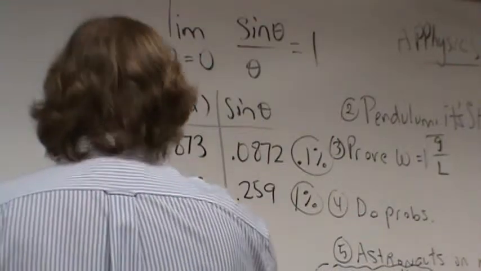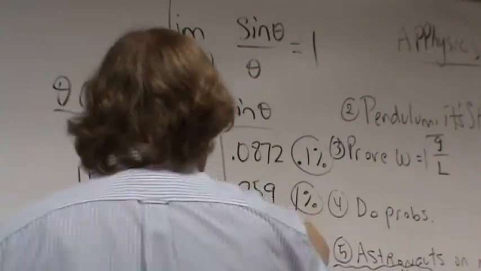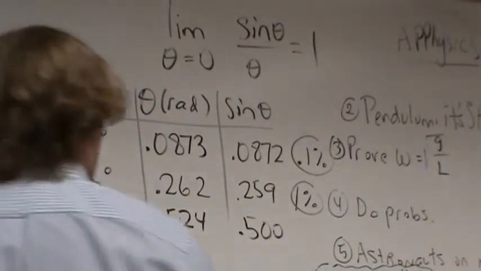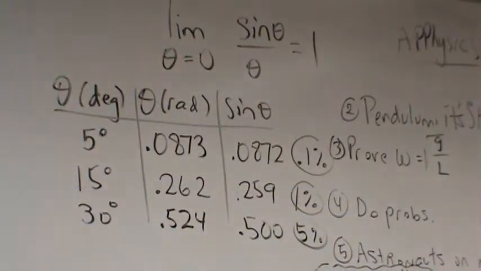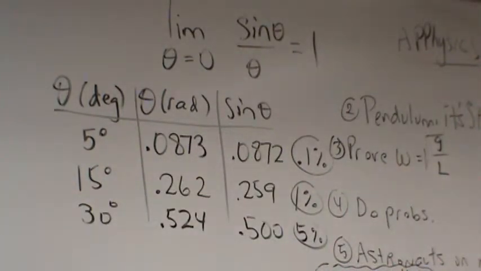It's 0.524. And this is 0.500, of course. And so that's going to be around 5% error. Okay? So you see, for angles below 30 degrees, your theta is approximately equal to the sine of theta.